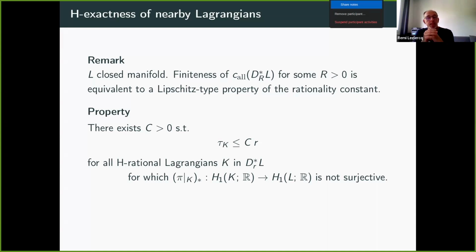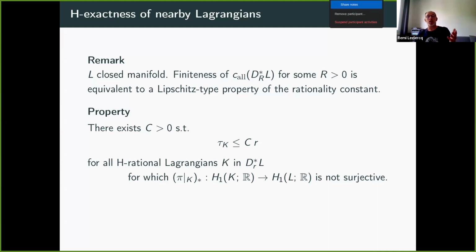So you see that I should have written it down the other way. I'm sorry. There exists some constant C such that for all H rational Lagrangians in your neighborhood, so you take a neighborhood of size R, and then all H rational Lagrangians in this neighborhood for which the canonical projection is not surjective will have H rational constant smaller than C times R. It's some type of Viterbo conjecture for the rationality constant.